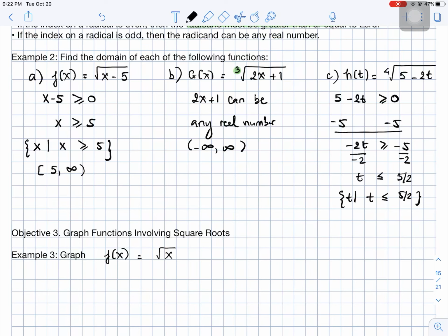We divide by negative 2 on both sides, and you recall that when you divide by a negative number, we switch the inequality. Then the domain is all of the t values such that t is less than or equal to 5 over 2 in set builder notation, or you can answer from negative infinity to 5 over 2.